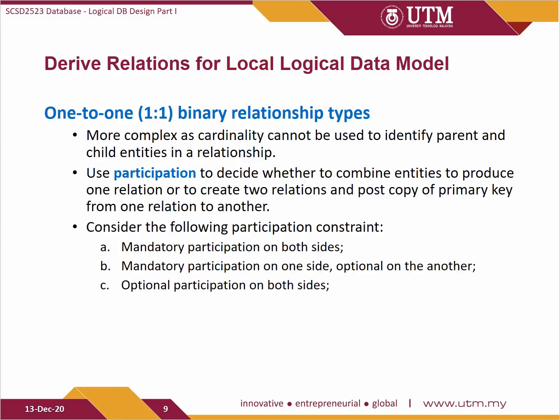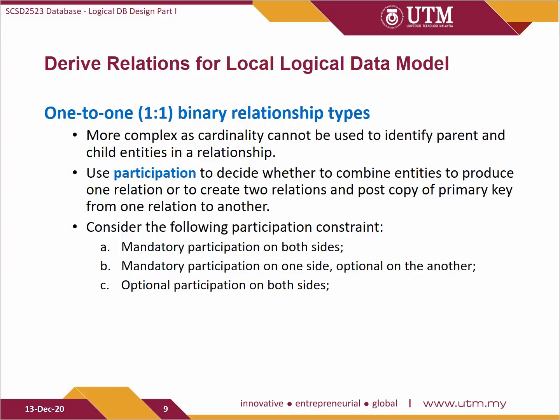So, for this structure, we use participation constraints to decide whether to combine entities to produce one relation or to create two relations and posting a copy of primary key from one relation to another.